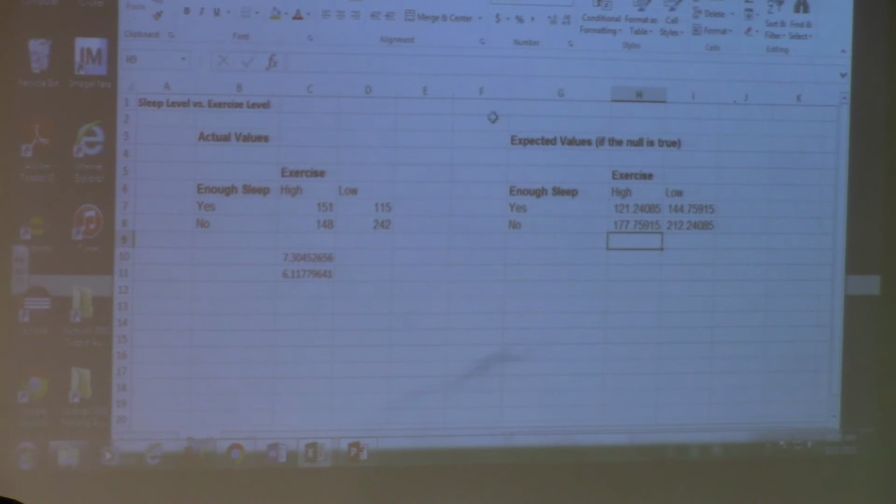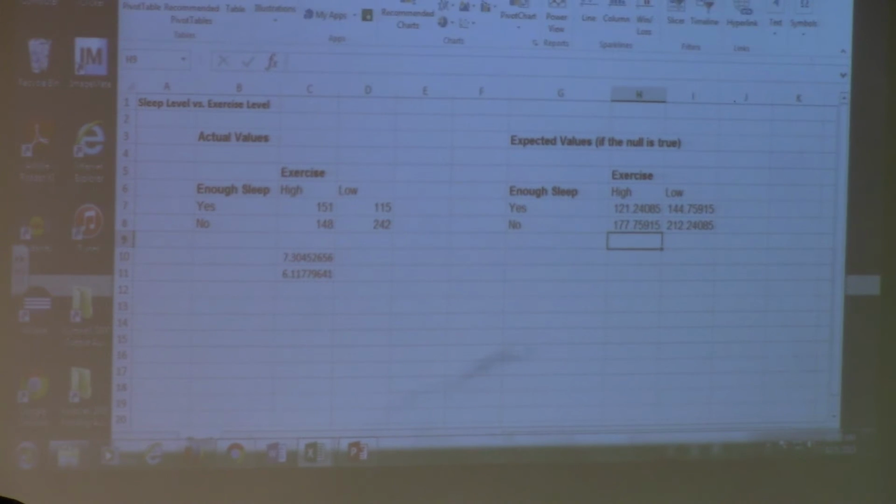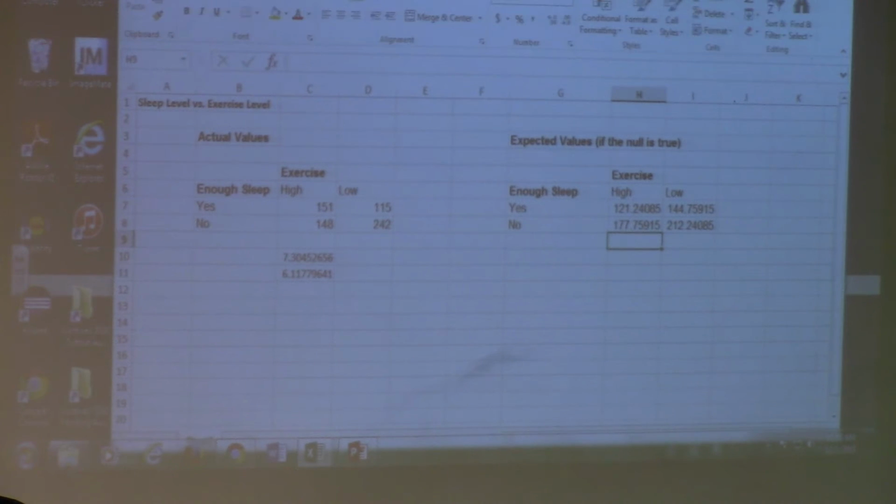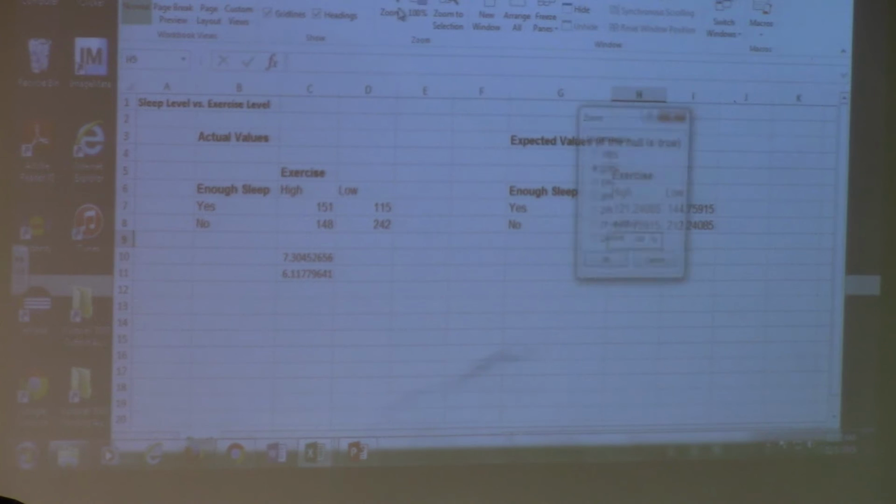I zoom in now. Oh, that's because I was thinking I was on Sheets. I'm used to a Mac, and so I can't find my zoom here. Anybody see a zoom view, maybe? Here we go. Zoom.